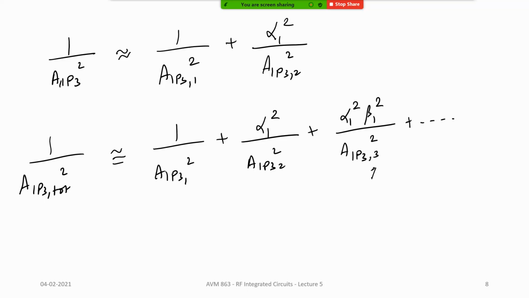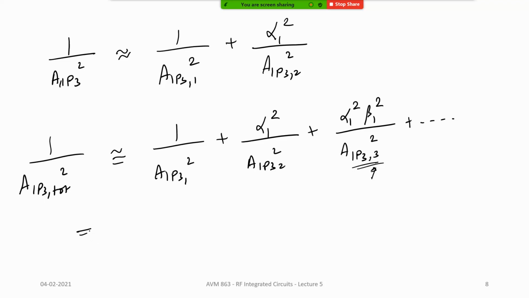So if the third stage number is low, then effectively the IP3 of the third stage will be divided by some amount, and it will be a very small IP3 number. So the overall nonlinearity worsens if your final stage nonlinearity is bad.